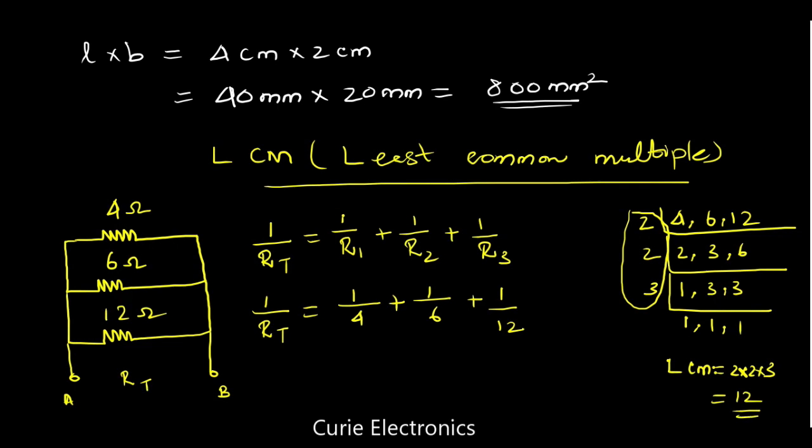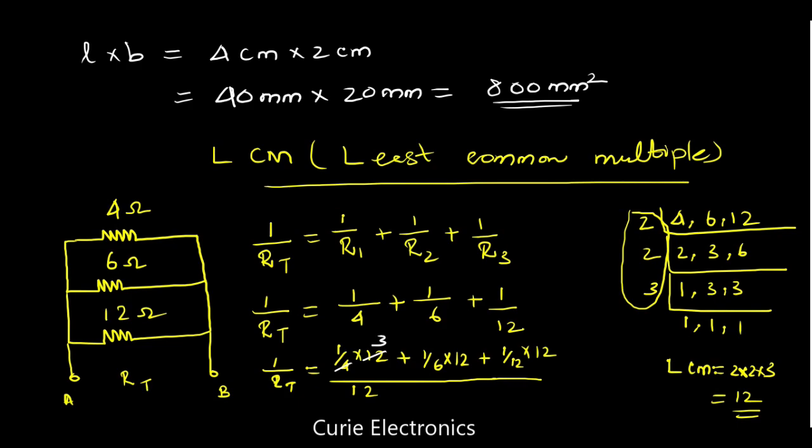After that, what you have to do? 1 upon RT equals, you have to write the LCM down in the denominator. Then all these numbers you have to multiply by LCM: 1 by 4 multiplied by 12 plus 1 by 6 multiplied by 12 plus 1 by 12 multiplied by 12. Now we can strike these off. 4 3s are 12, 2 6s are 12, 1.